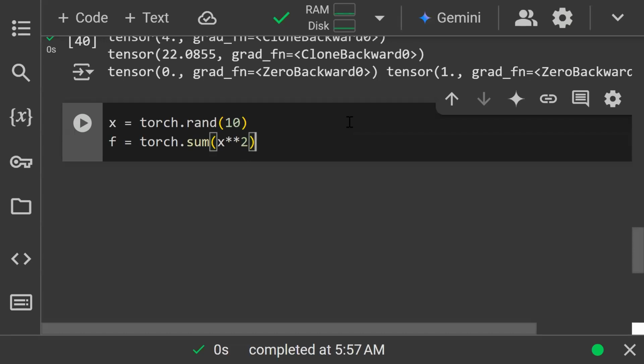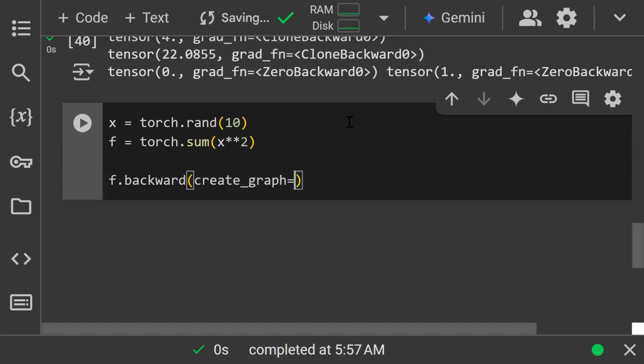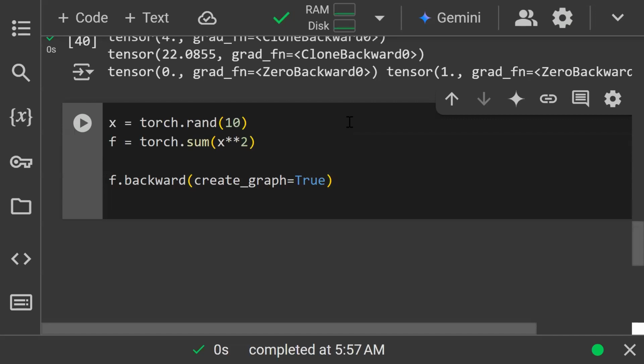So we have the squared Euclidean norm of the vector x, right? So call backward with create graph true. We'll give you df, which is x dot grad clone.